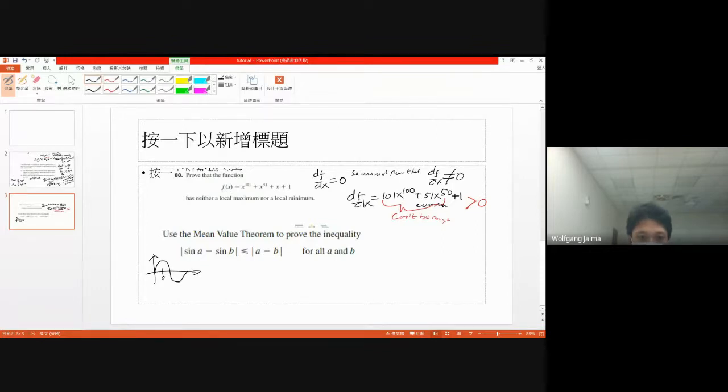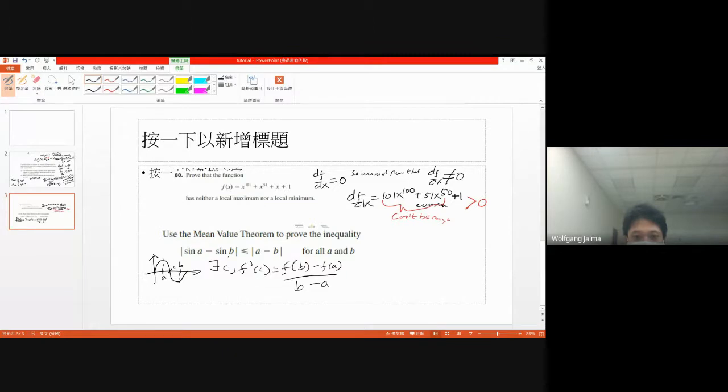Let's say this is A, this is B. From the mean value theorem, we know there must be a point C. It doesn't need to be in the middle, it can be near A, near B, somewhere between A and B, such that the derivative at C equals F(B) minus F(A) over B minus A. Maybe it should be B here, A here, but it's just the same, right?